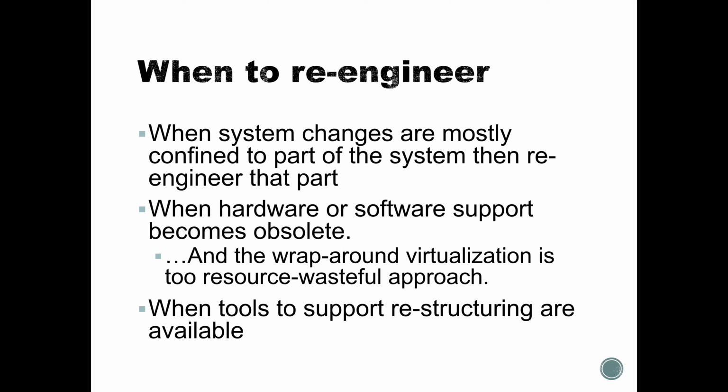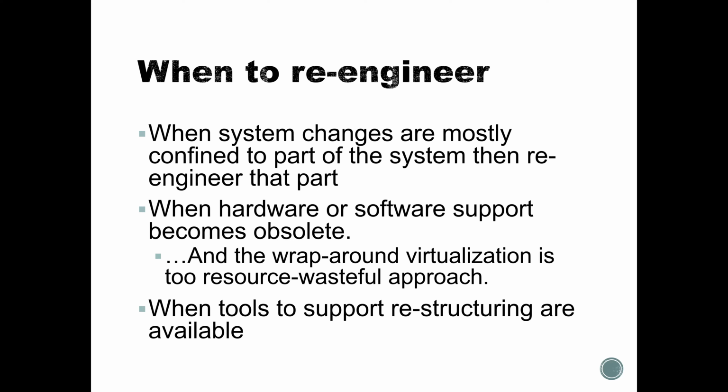Also when hardware or software support becomes obsolete. It may happen that a particular product is delivered, and after performing some changes, or after certain versions of that software, the support in terms of hardware and software is obsolete, and we cannot provide more support to that particular product.